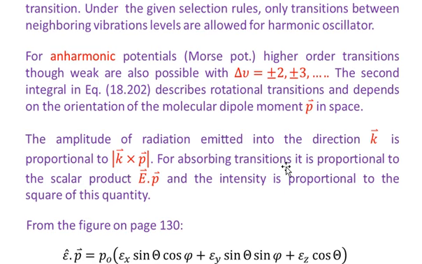For absorbing transitions, it is proportional to the scalar product E dot P, where E is the incident electric field of the incident radiation and P is the dipole of the nuclear system or the whole electronic molecule, and the intensity will be proportional to the square of this quantity.